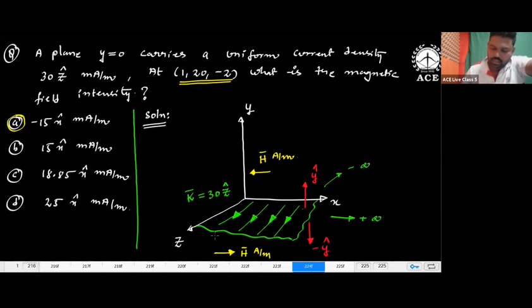Here it is negative infinite. Here it is positive infinite. Here it is negative infinite. That is all the story. It is an infinite sheet.